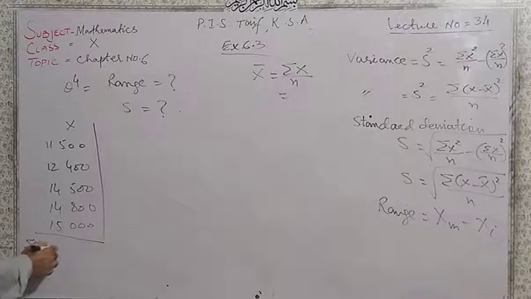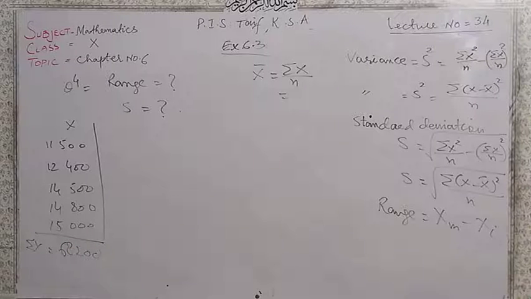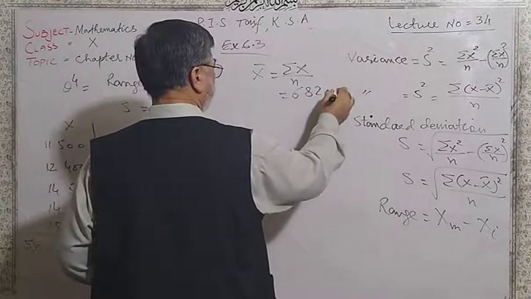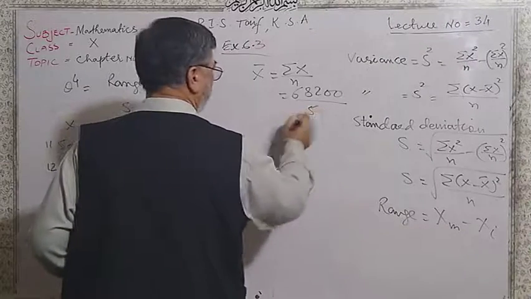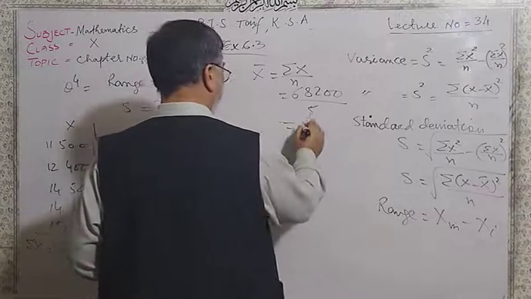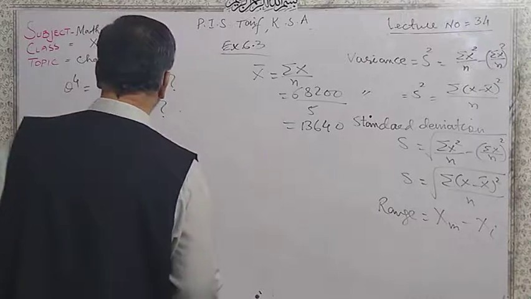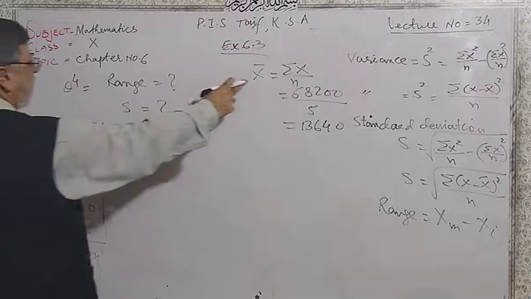Sigma x is 68,200, and n is 1, 2, 3, 4 and 5. And the answer is 13,640. Dear students, this is x bar.